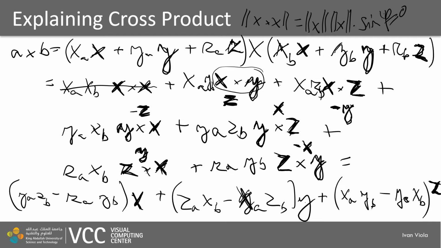So this is how the cross product can be derived if you don't have the mnemonic help as I do with this 3-2-1, 3-2-1 trick.